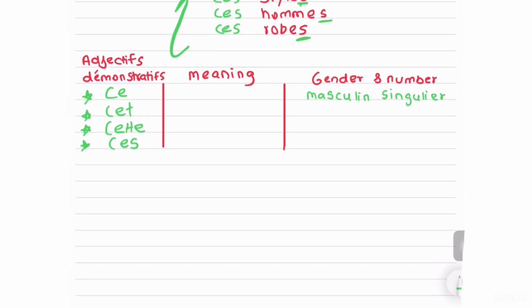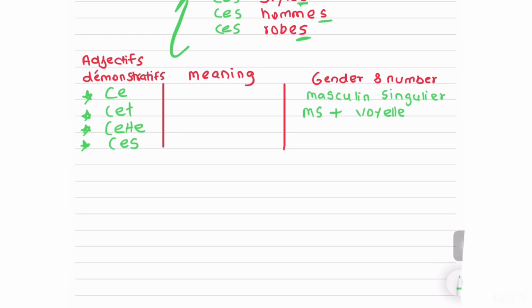And then we have CET. This is also masculine singulier, but it has to be a vowel. It has to be a masculine singular vowel, only then will you use it. Then you have CETTE. Now this has 2 uses.